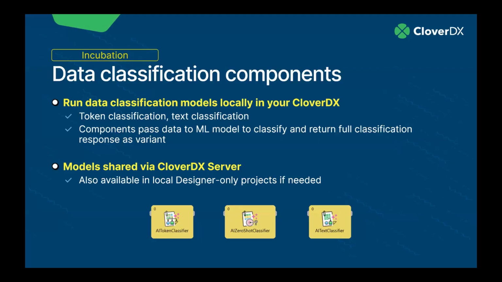So if your model recognizes, for example, 10 different data classes, the components will know 10 different classes. If you have a more complex model that recognizes 50 classes, it will do 50 classes. And so you are not limited to just a subset of models. Anything that satisfies the classifier interface for token classification, zero-shot classification, or text classification will work.